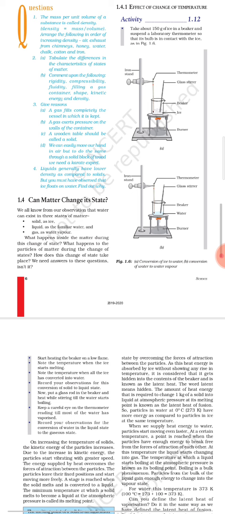B. A gas exerts pressure on the wall of the container. This we have also discussed, if you remember, that was the last paragraph given in the topic of the gaseous state.